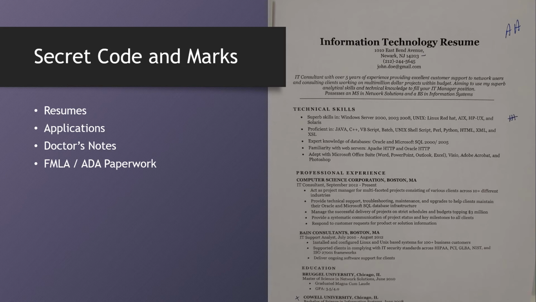So for example, I made up this resume and I made these marks just to be clear on how I got there. For example, I put this AA up in the top corner. What does that mean? After the fact, an attorney would have a heyday with this. What does an AA mean? Does it mean All-American? African American?